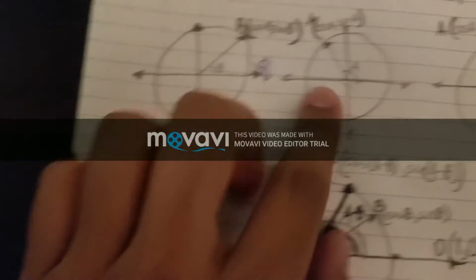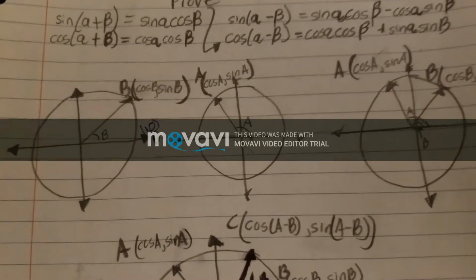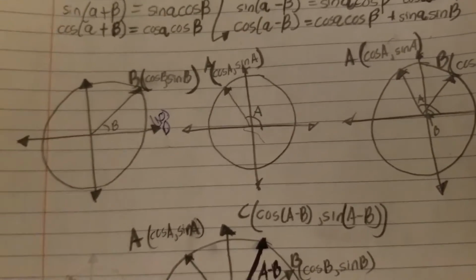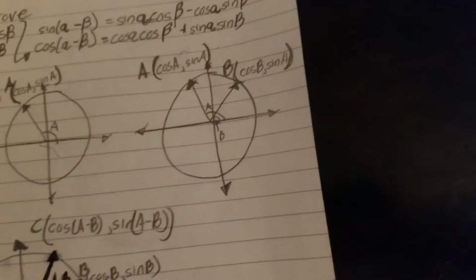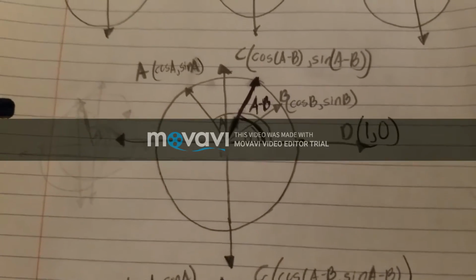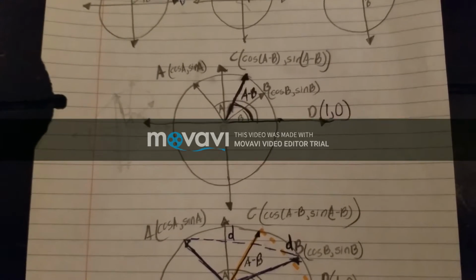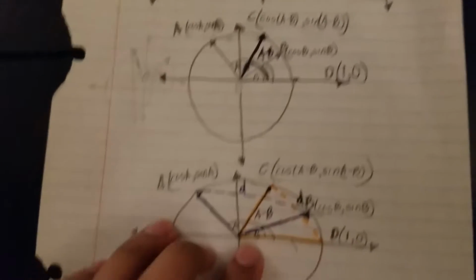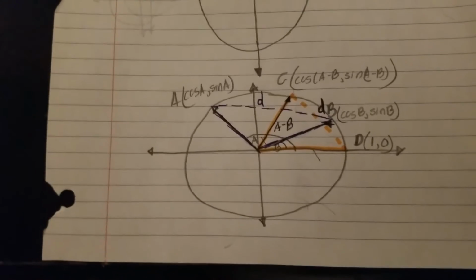Our second angle A will be referred to as point A to make it easier, and its ordered pair is cosine A, comma sine A. Both angles in the unit circle create a third angle, A minus B, which is going to be referred to as point C, and has the ordered pair cosine A minus B, comma sine A minus B.